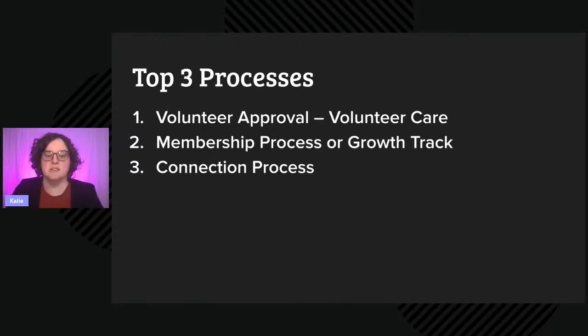A membership process or a growth track process. If your church does not have membership, that is a great use of process queues. As well as a connection process, which I just showed you. These 3 are where I would start. If you haven't used processes or process queues yet, I would really recommend having these 3.